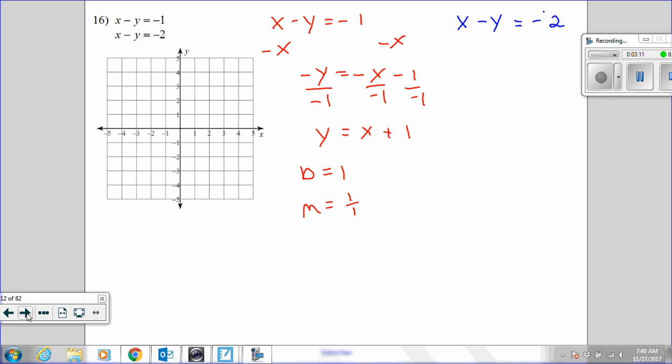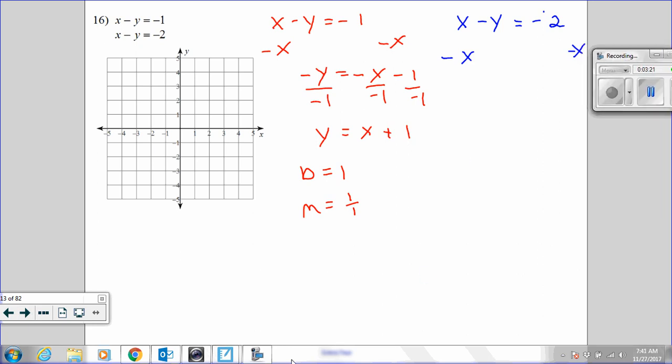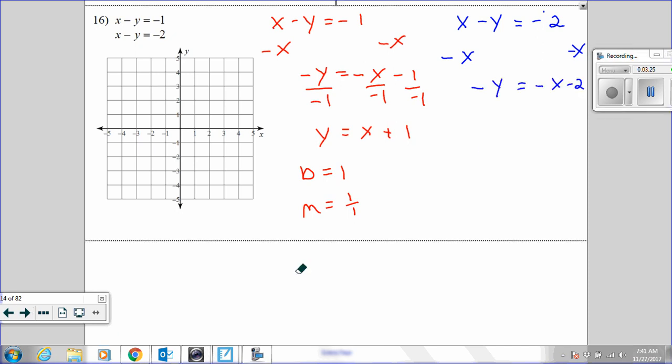All right, so now I have x minus y is equal to -2. I'll go ahead and subtract x on both sides here. That'll lead me to -y is equal to -x minus 2. Again, I'm going to divide by my -1.